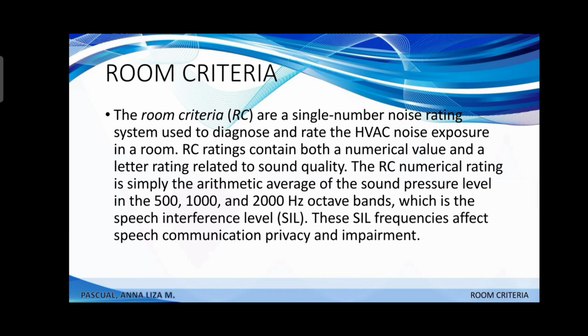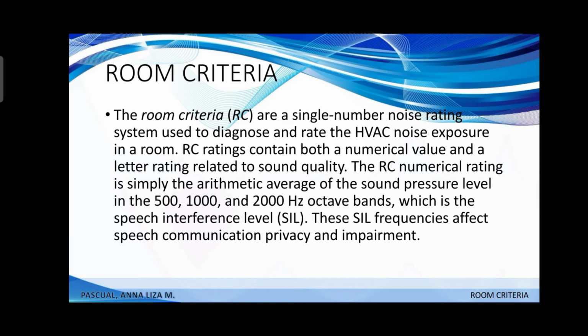These SIL frequencies affect speech communication privacy and impairment. Studies show that an RC between 35 and 45 will usually provide speech privacy in open-plan offices, while a value below 35 does not. Above RC 45, the sound is likely to interfere with speech communication.